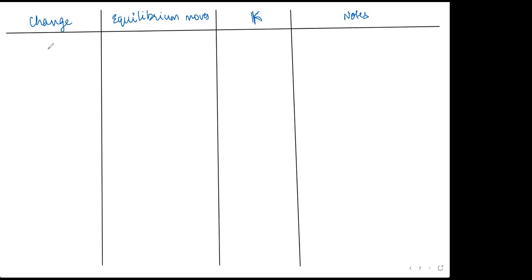So let's start with the concentration of the reactants. If we increase the concentration of reactants, what direction do you think the equilibrium will shift in?